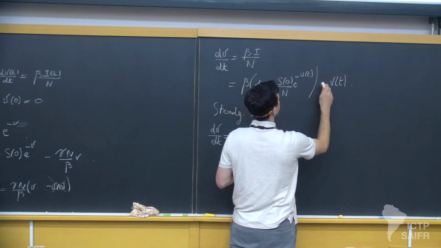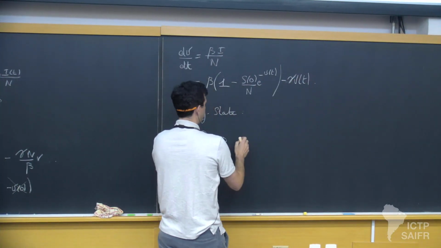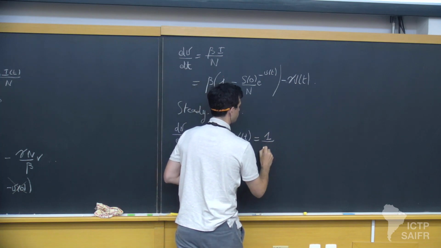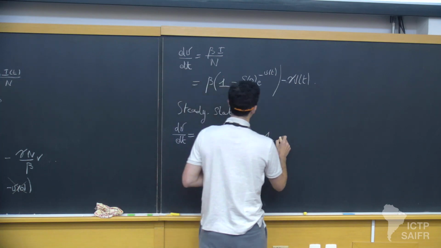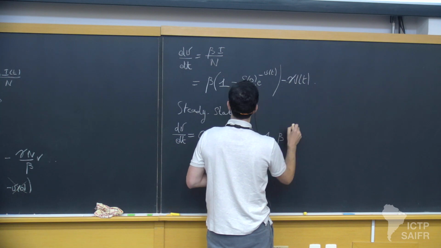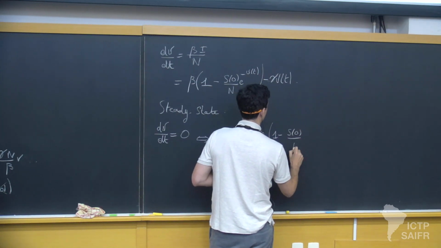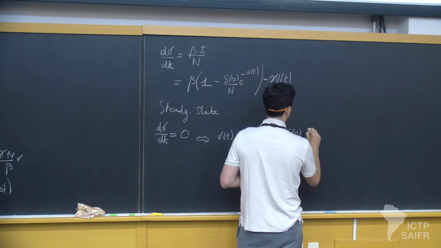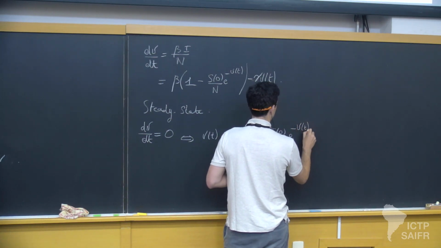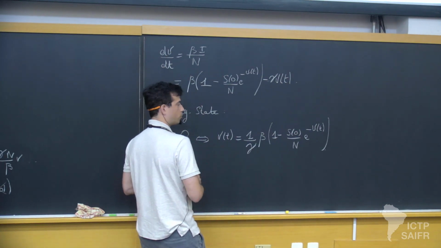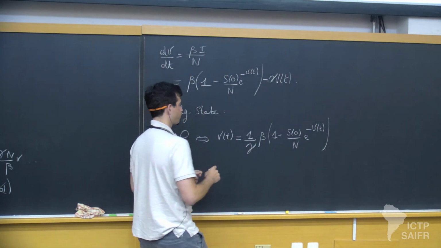Oh, there's a gamma here, right? So you have nu of t is equal to 1 over gamma times this thing: beta and then 1 minus S0 over n exponential minus nu of t. So this is the condition for having the steady state.